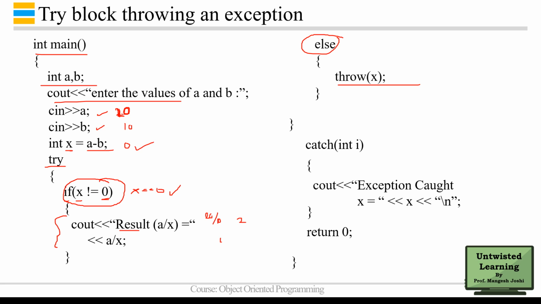So throw x. Basically the value of x is 0. Since it is an integer, it will be thrown over here, and the value of i is 0. So it will display the message exception caught, and the corresponding value of x, that is 0.